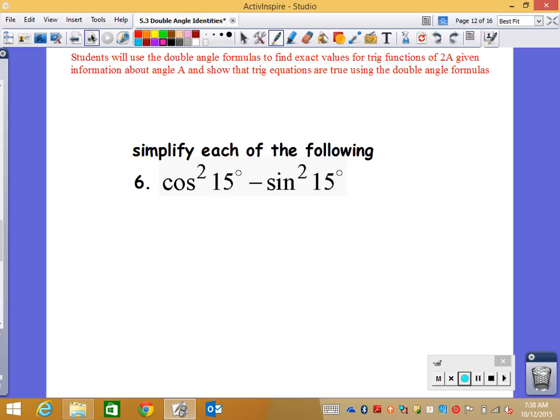So let's do some simplifying now. Now I have a cosine squared minus sine squared. Hopefully you recognize this as a cosine double angle. I'll rewrite it for you.